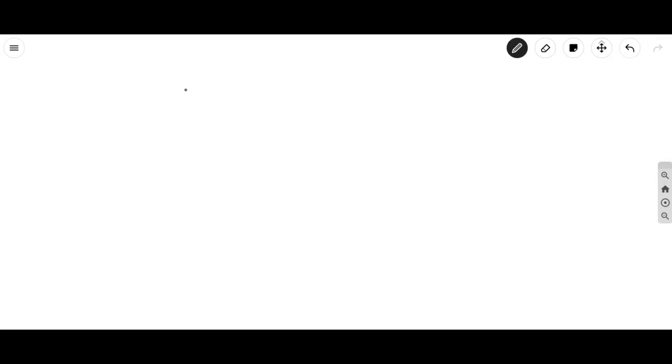Definition: a covering map, let's call it pi, from X to Y. So this is going to be better than a local homeomorphism, but let's say what the properties are.